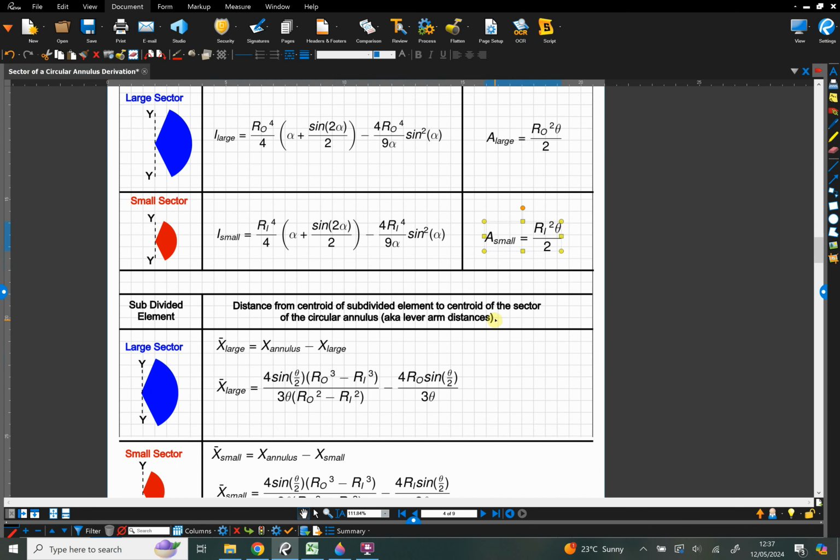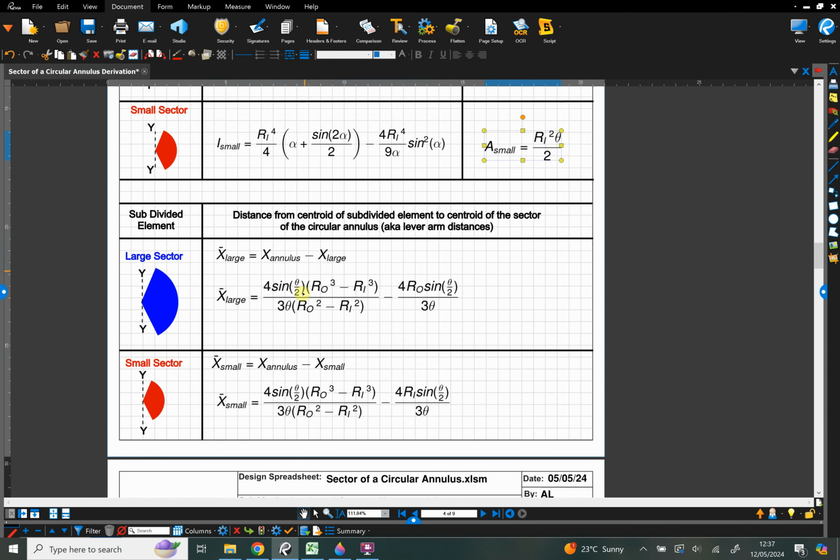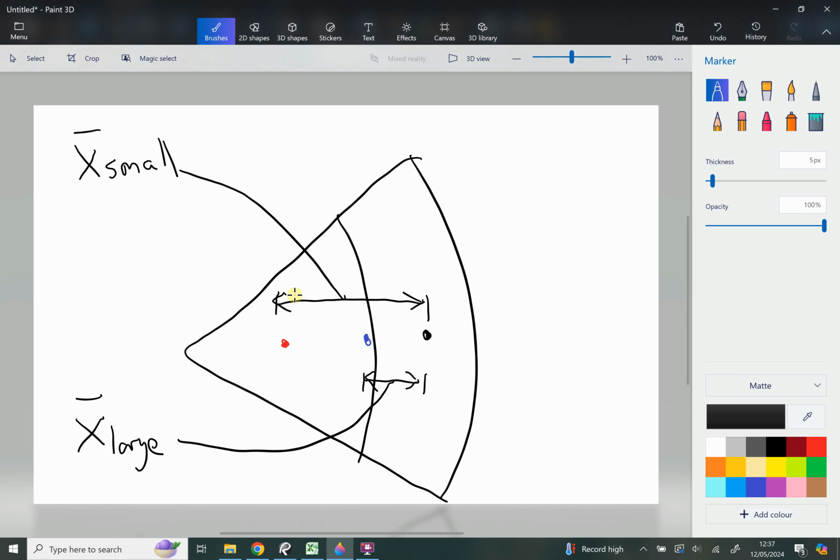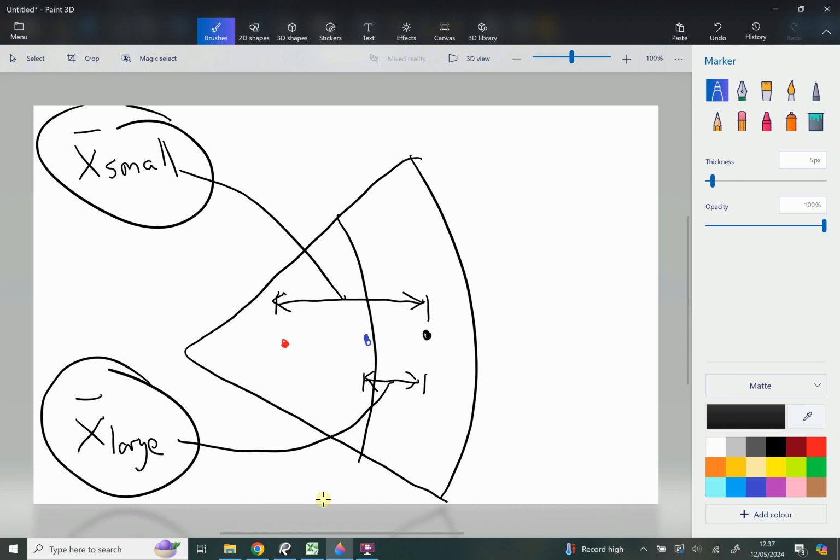And then down here, we have the distance from the centroid of the overall system to the centroid of the local system. So these two bits here, these formulas that I've shown and then shown in expanded form, those are these dimensions here. Okay, that's what we're doing there.